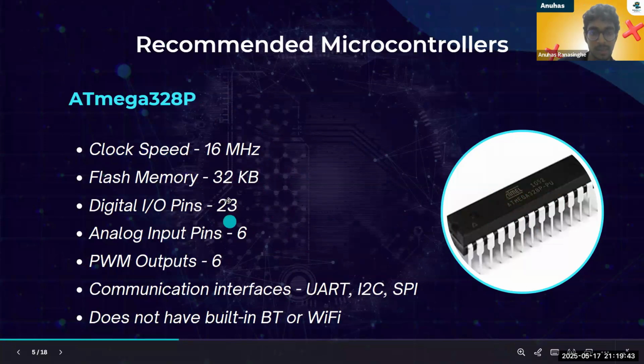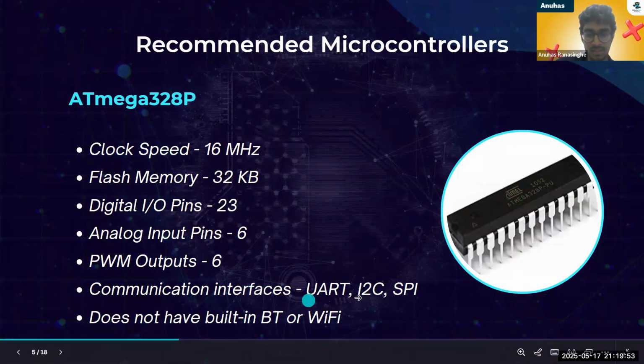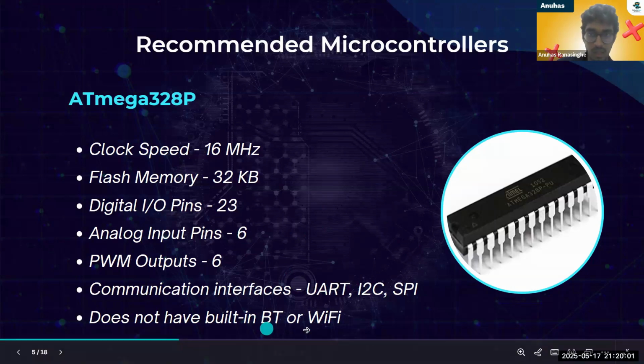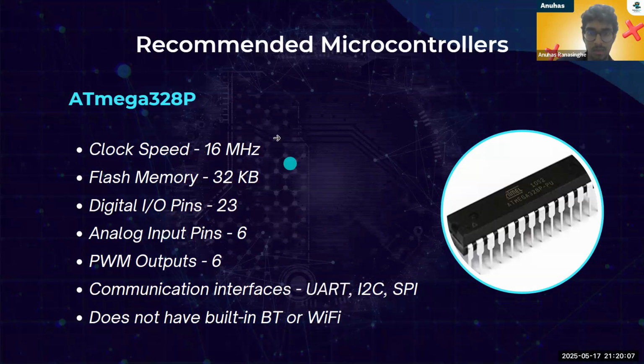It has 23 digital pins, 6 analog input pins, and 6 PWM output pins. For communication it uses UART, I2C, and SPI, but it doesn't have any built-in Bluetooth or Wi-Fi inside the ATmega328P microcontroller.